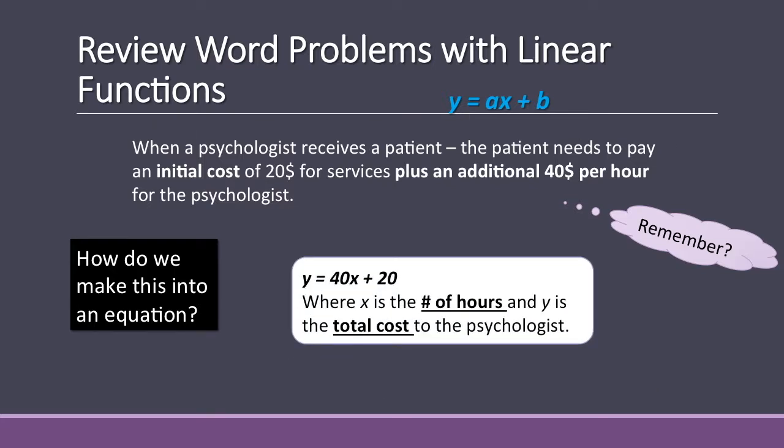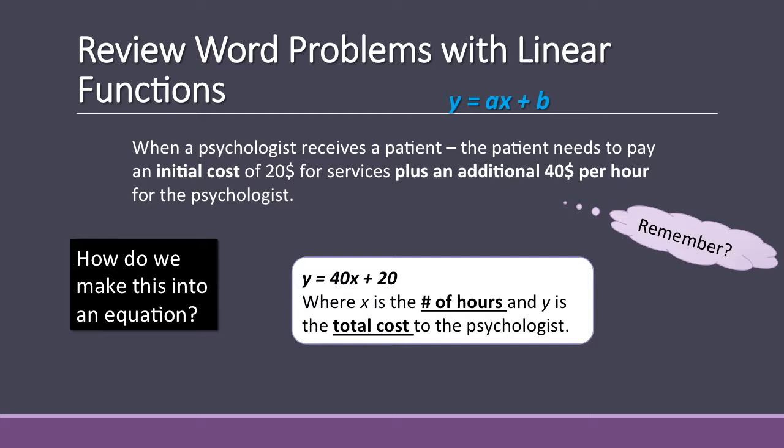It's simply y is equal to 40x plus 20 because the initial cost was $20, so that's our plus 20. And the additional $40 per hour is our 40x, where x is the total number of hours. And if we were to calculate what x would be depending on the number of hours, y would give us the total cost of the psychologist.